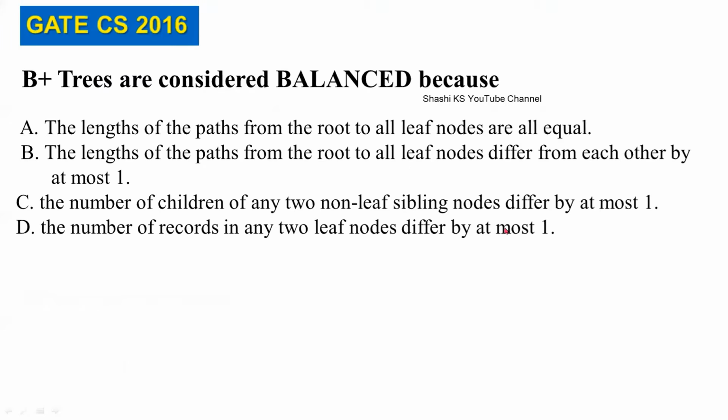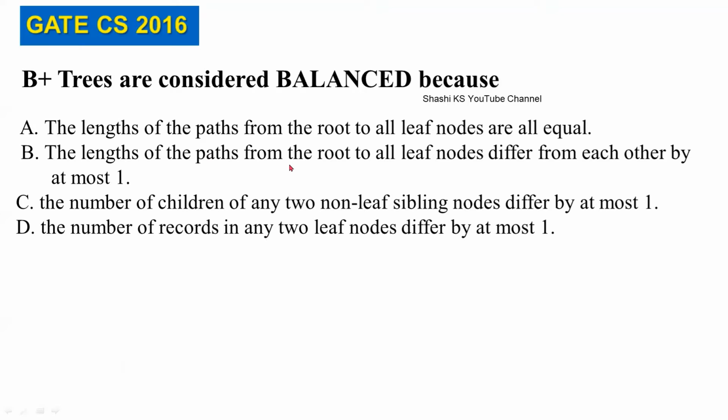The next question is, B plus trees are considered balanced because option A, the length of the paths from the root to all the leaf nodes are equal. As I already told you, B plus tree is a self-balancing search tree data structure and all the nodes are kept at the same depth. So length of the path from the root to all the leaf nodes are all equal. Yes, it is true.